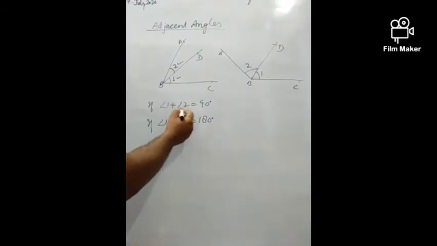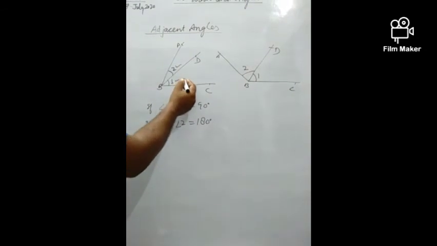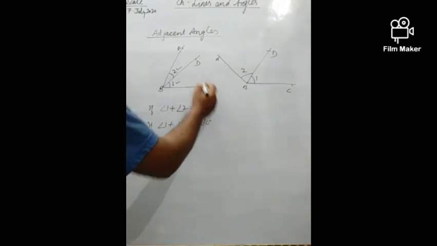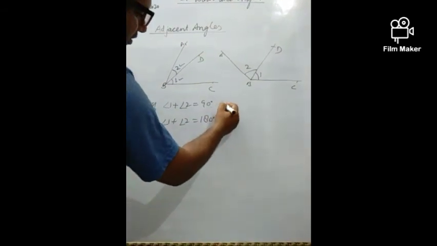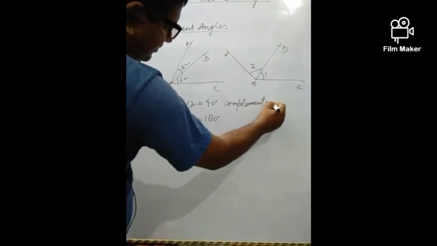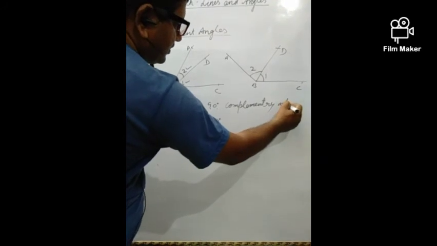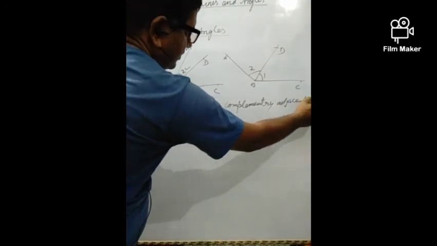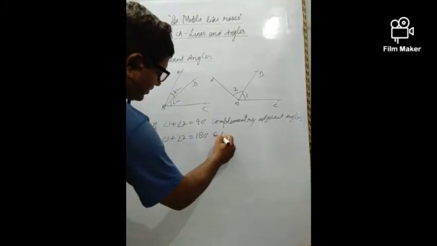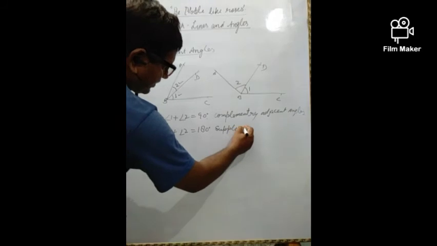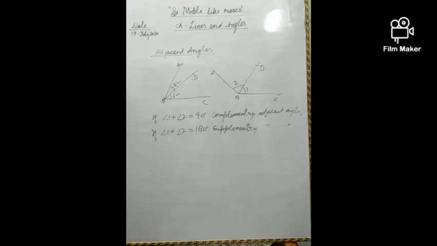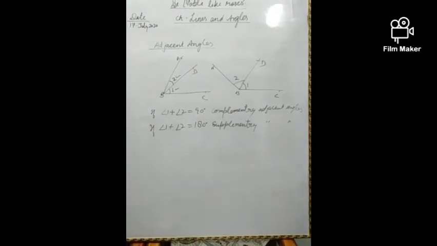If two adjacent angles are such that their sum is equal to 90 degree, then the angles will be known as complementary adjacent angles, and this is supplementary adjacent angles. So remember these 2 points, these are special points.